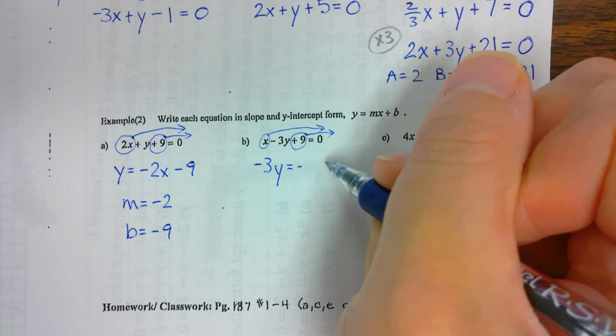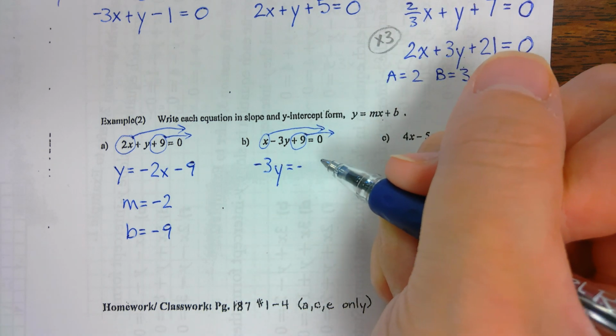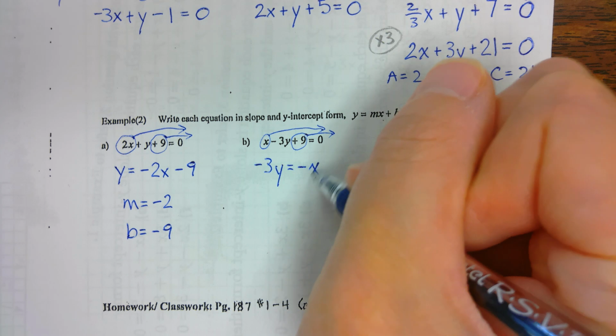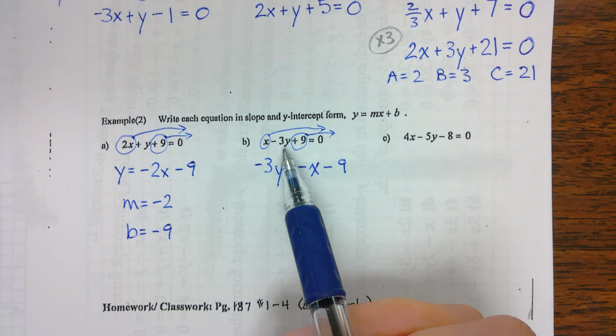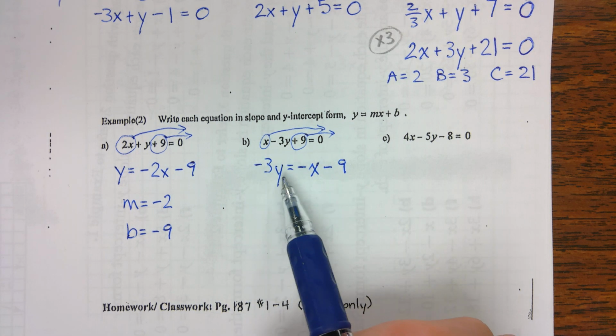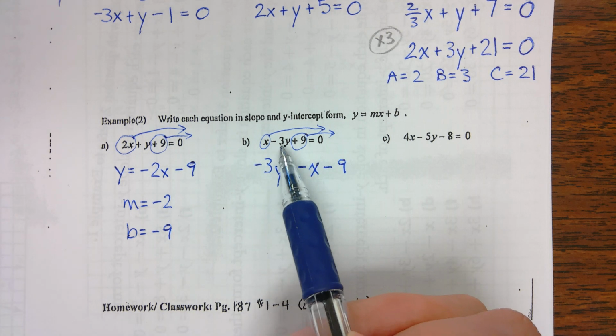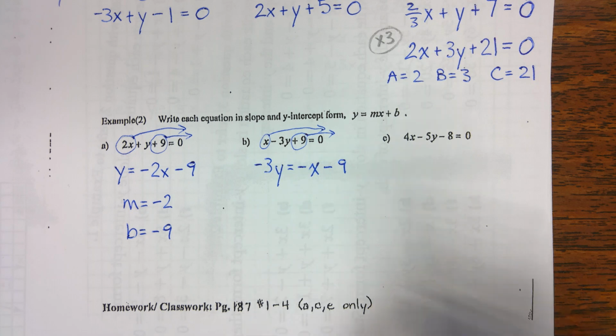A lot of people like to jump the gun and say, okay, I moved those over, so it's y equal. It's negative 3y equal. Okay, so that negative 3 is still there until you move it.